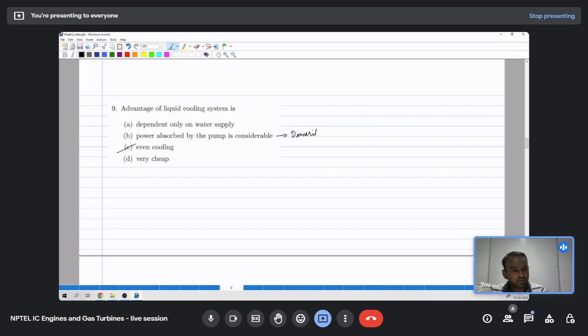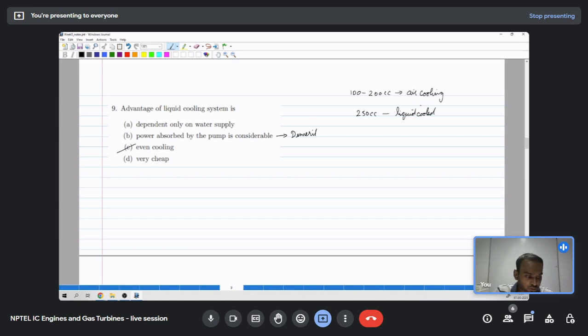Mostly that is why for small engines like 100 cc or 200 cc engines, we don't use a liquid cooling system, we use only air cooling. Beyond this, when you see some high performance bikes from KTM, Honda and others, from 250 cc onwards they will use liquid cooling.